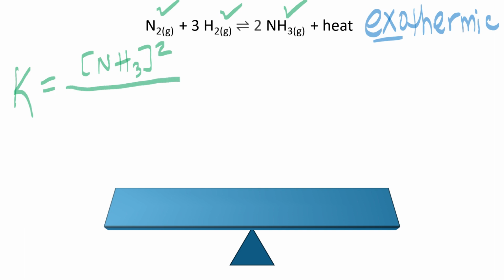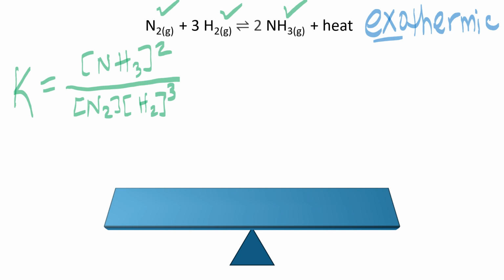So NH3 squared. I include both reactants because they're both in the gas phase. So N2, there's only one, so I just show that once. But then I have H2, however, it has a 3 as the coefficient, so that 3 becomes my superscript or my exponent.